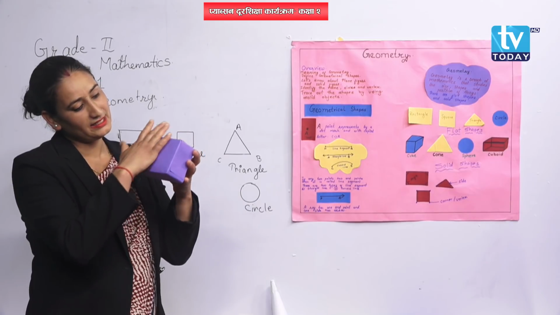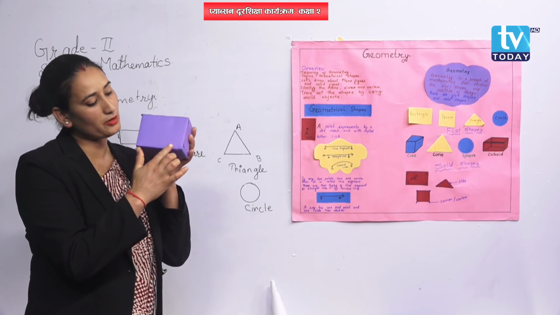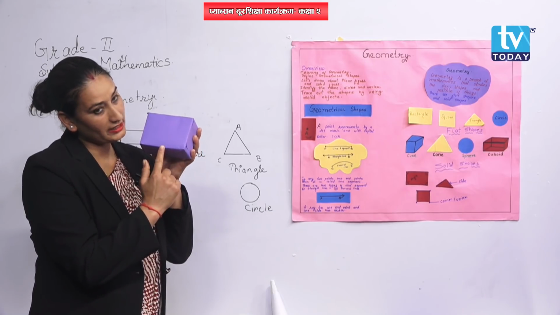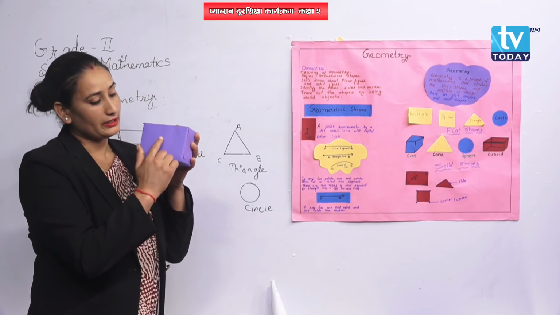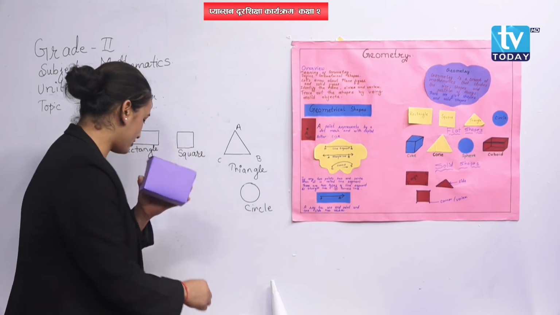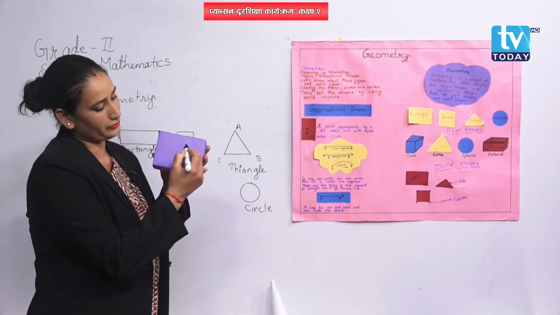See here, this is the big box, and what is the shape of its faces? It's a bit longer than this one, so we call it a rectangle.